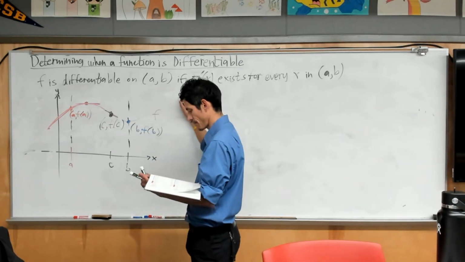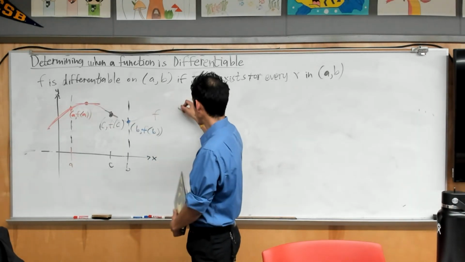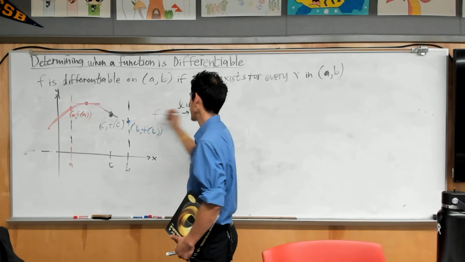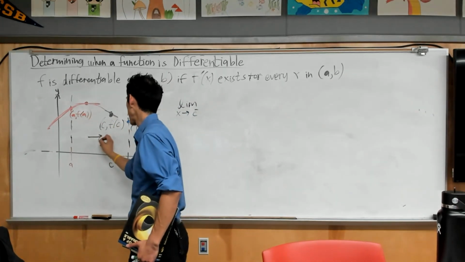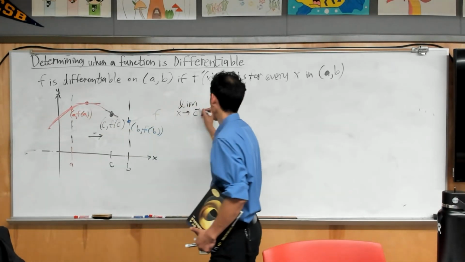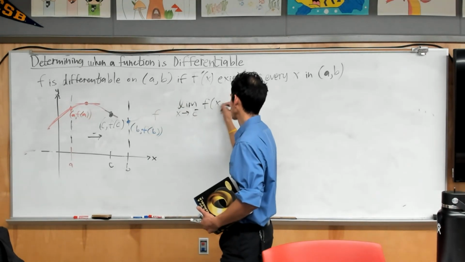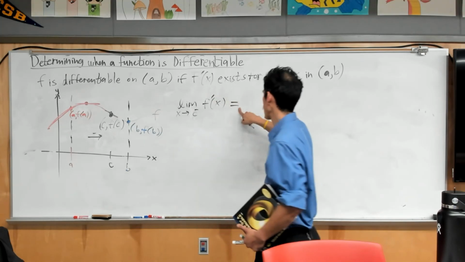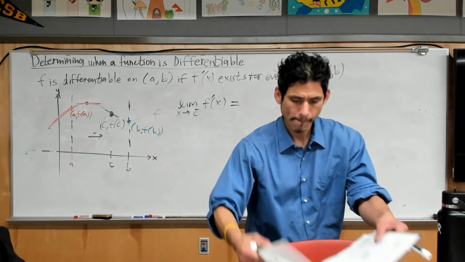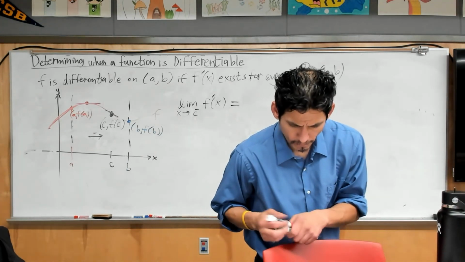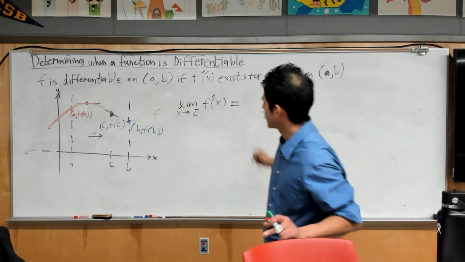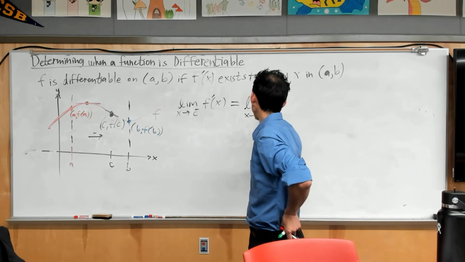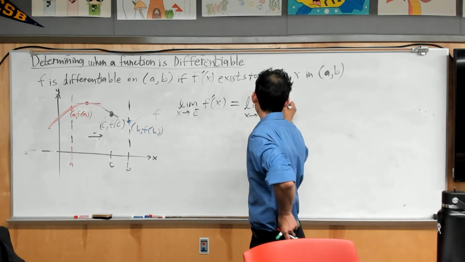We say the limit as x approaches c from the left side, the negative side, of f prime of x is equal to the limit as x approaches c from the positive side of f prime of x.